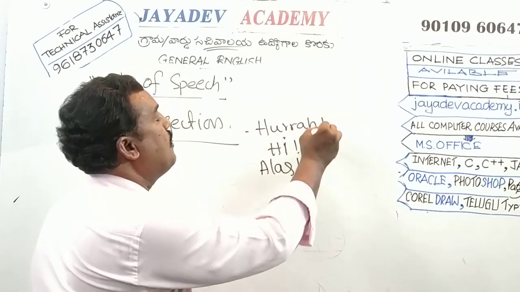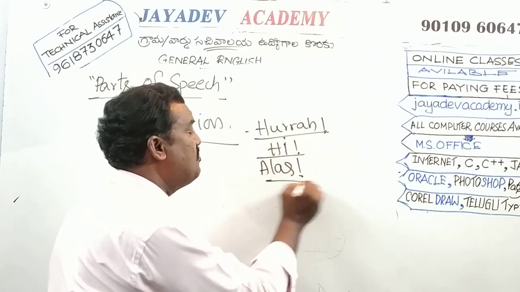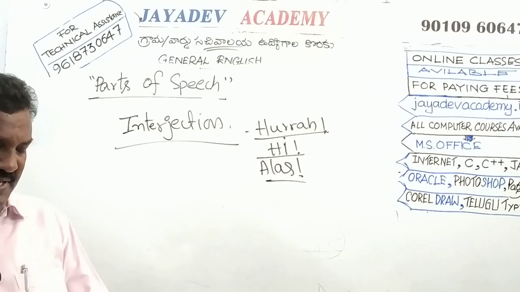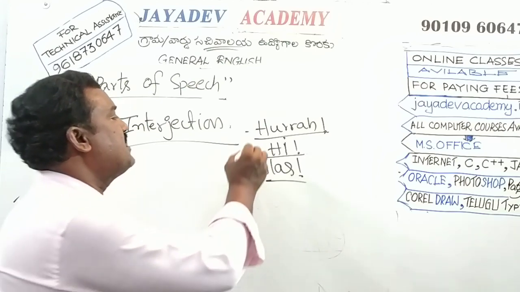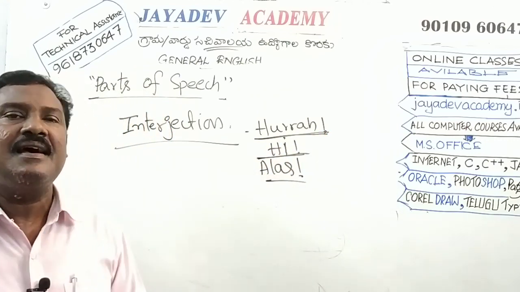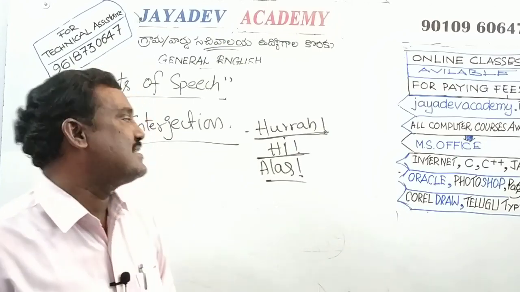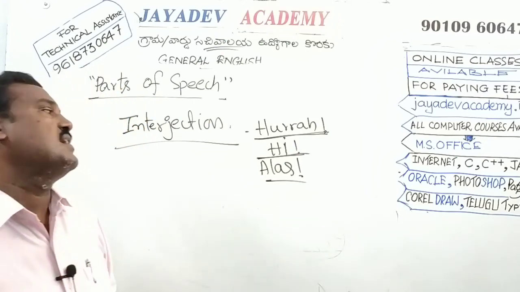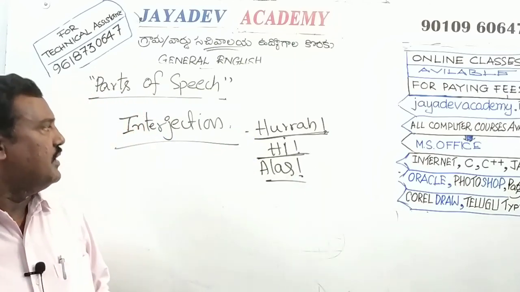These are words with exclamation marks which show the sudden feeling of a person. If you want to show the sudden feeling of a person, interjection is used. Whether it may be happiness, sadness or anger, whatever the feeling it may be, it should come out suddenly from the person. Those feelings are expressed by one word, that is called interjection.